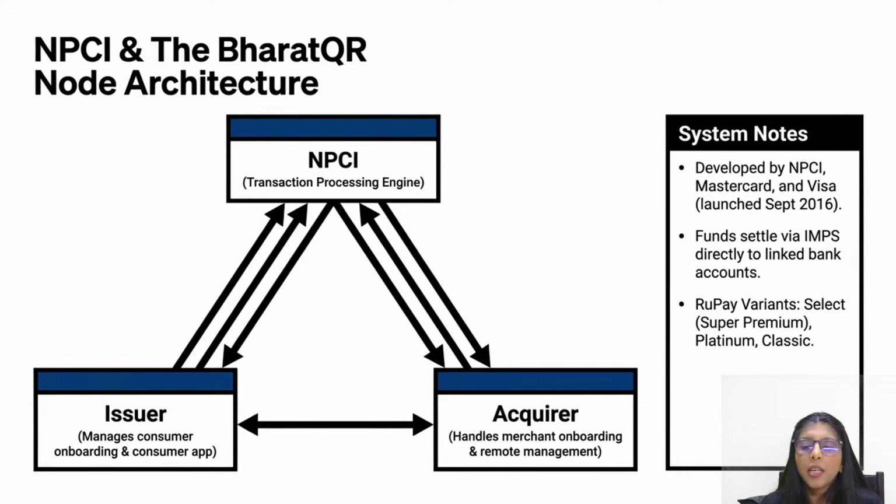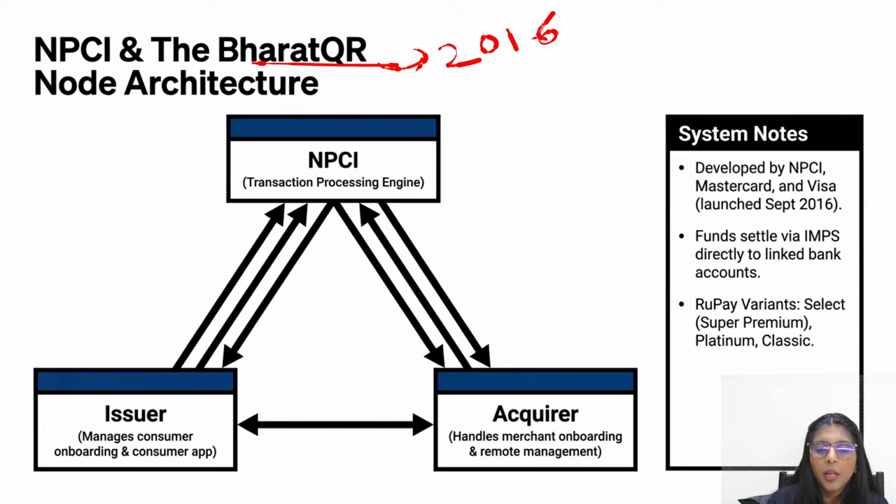Bharat QR is a QR code based digital payment system introduced in 2016. It allows customers to make payments just by scanning the QR code using a debit card, credit card, UPI, or mobile banking apps without using a POS swipe.